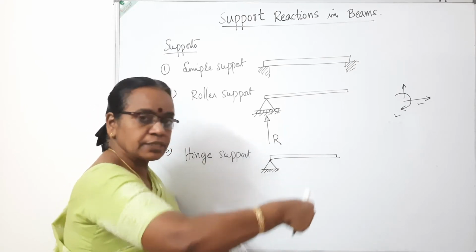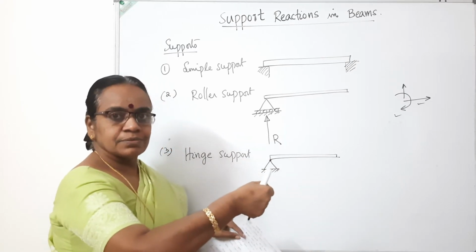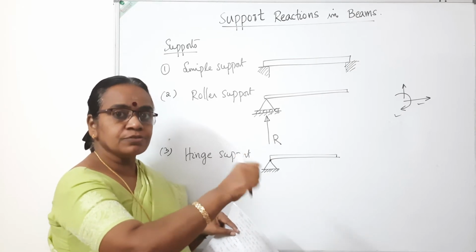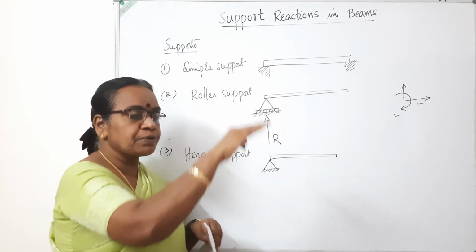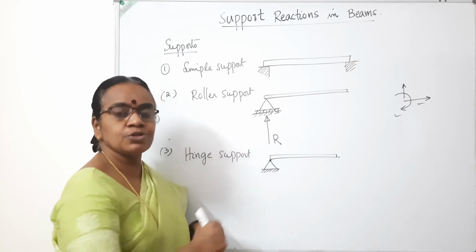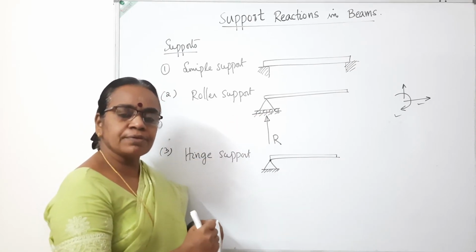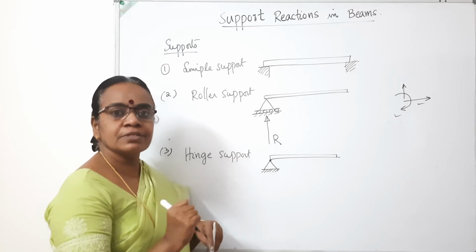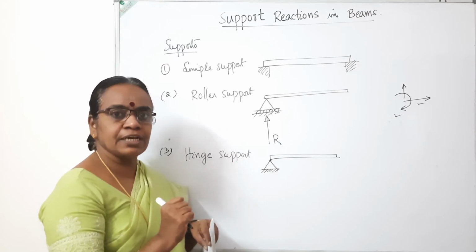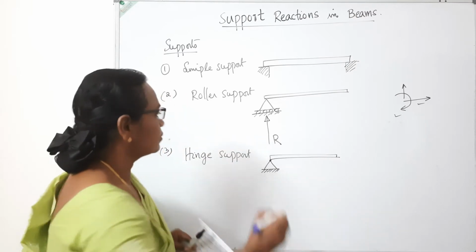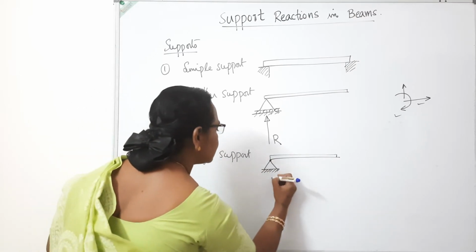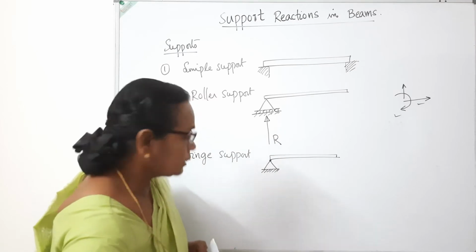The door will get rotated. So we can rotate, so there will not be any moment. But it is not permitted to move in the up direction or in the horizontal direction. So vertical movement as well as horizontal movement is restricted in a hinge. Therefore, in a hinge there will be two reactions. Since vertical movement is restricted, there will be a vertical reaction.